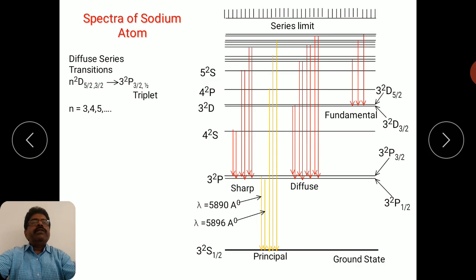Okay, so for the diffuse series transition, you can see here n doublet D 5 by 2 and 3 by 2 to 3 doublet P 3 by 2 and 1 by 2. So these energy levels are triplets.